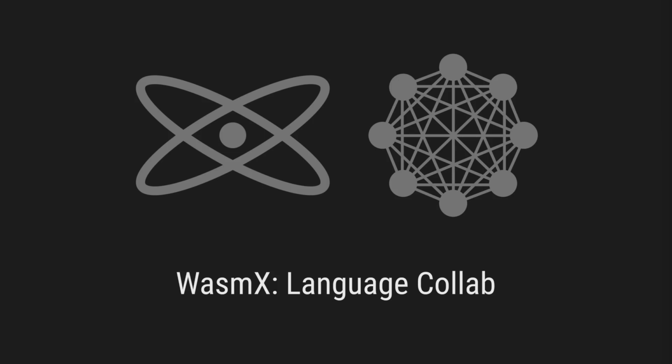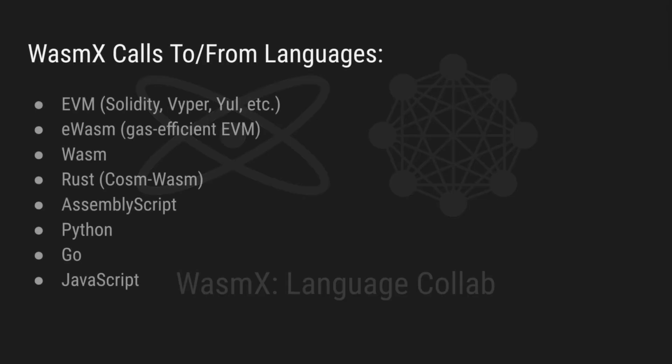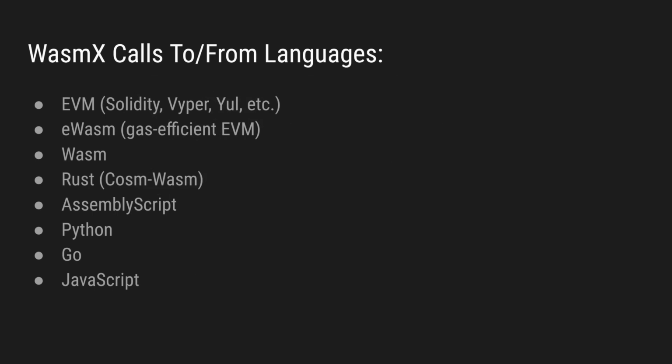In recent videos, you have seen WasmX plugins for Python, JavaScript, and Golang smart contracts. All of these languages become first-class smart contract languages. With WasmX, you can have, even on the same chain, smart contracts written in Solidity, Vyper, Yul, Rust, AssemblyScript, Python, Go, JavaScript.